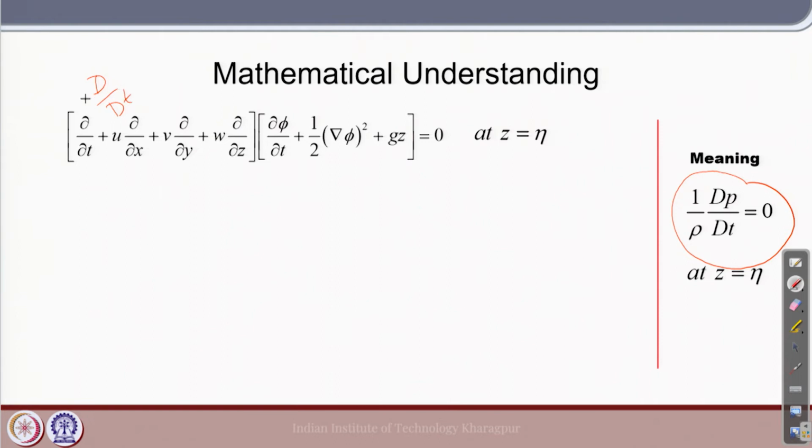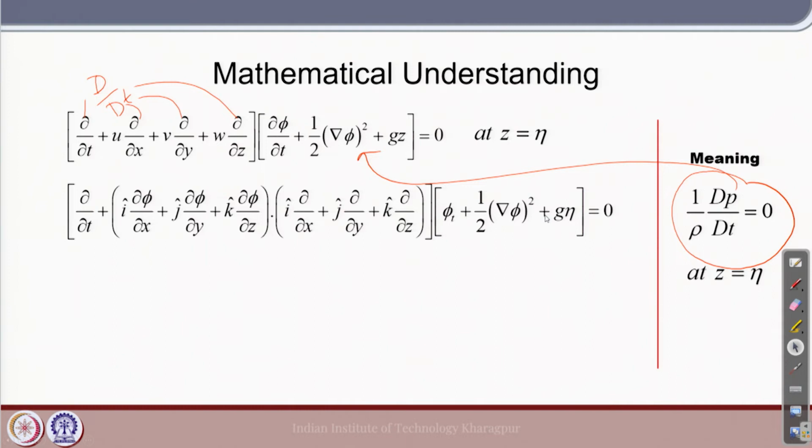We know that is del del t plus u del del x plus v del del y plus w del del z, right. And then this pressure is basically our pressure, right. Now, let us continue and find out what we can get out of this. Now, here you can see that in this equation there is no existence of eta, right.